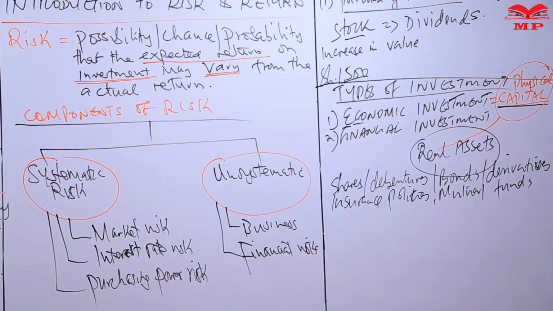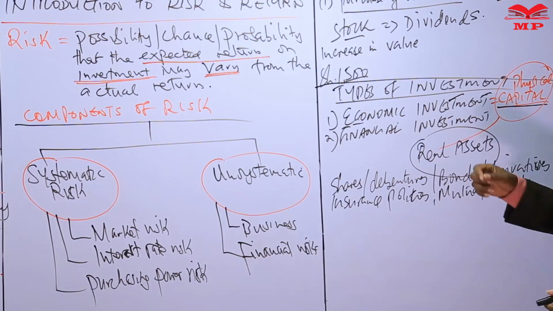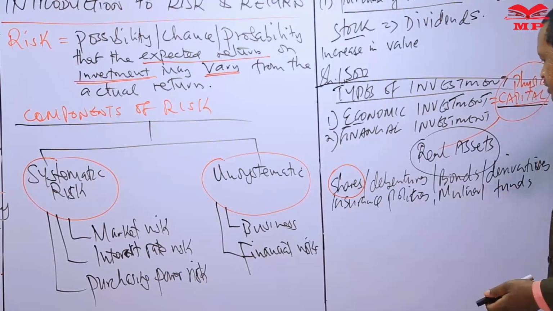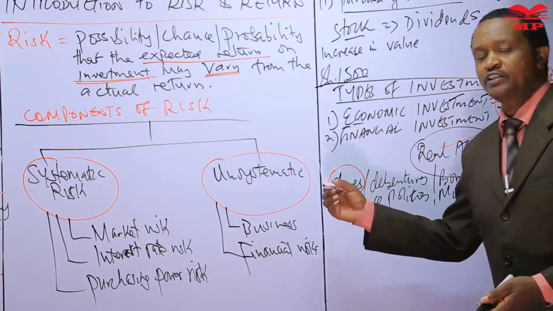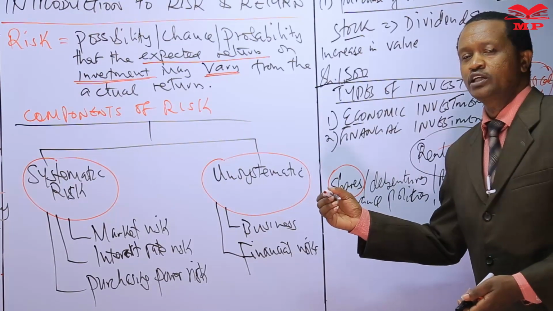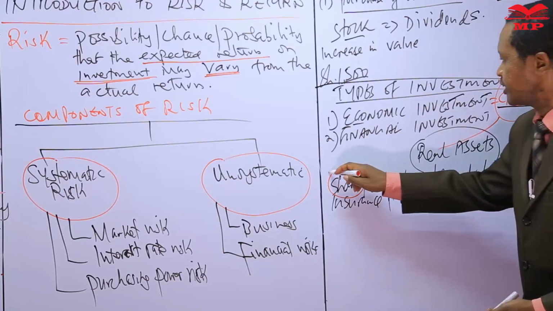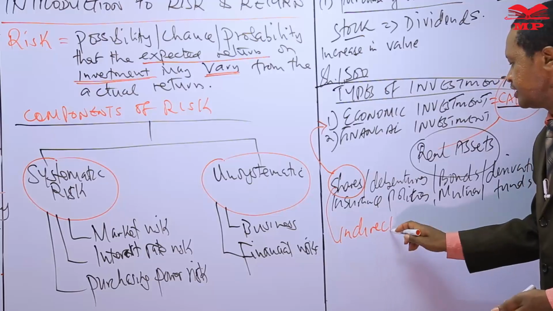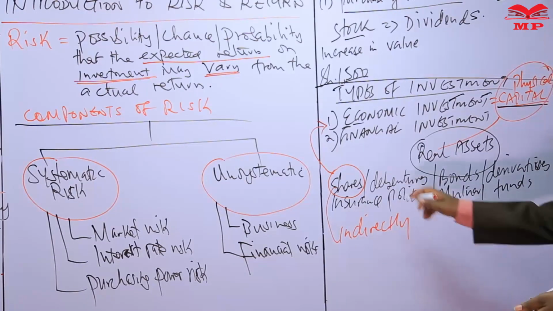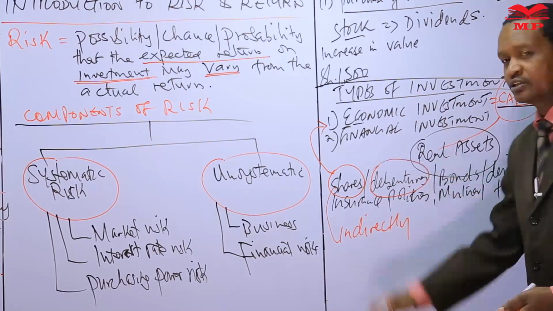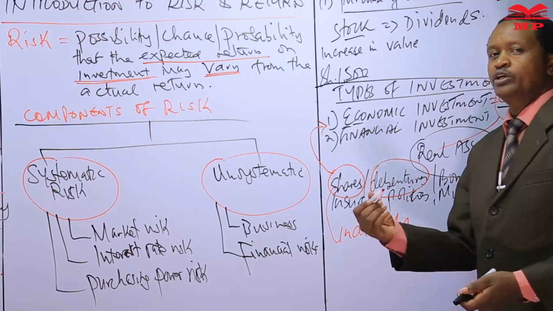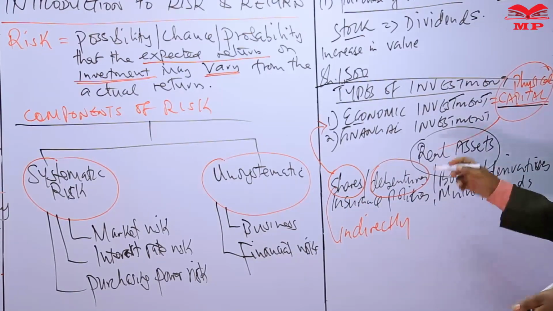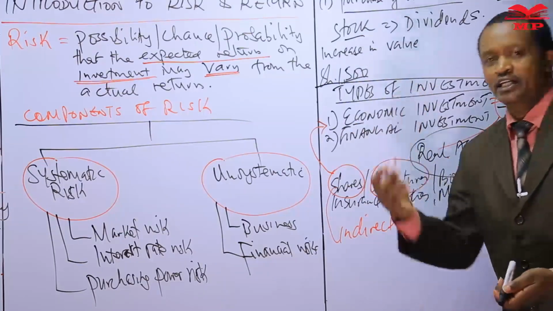So financial investments can help in creating physical assets. When you buy shares in a company, the investor is contributing to the acquisition of the economic assets, but indirectly. When you buy debentures in a company, you will be contributing to the acquisition of physical assets or real assets in a company, but indirectly.